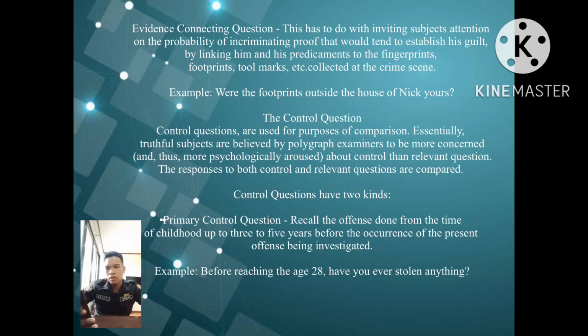First, primary control question. In the primary control question, recall the offense done from the time of childhood up to 3 to 5 years before the occurrence of the present offense being investigated. In primary control questions, it is not necessarily that they're going to push a question that is so serious about the investigation.